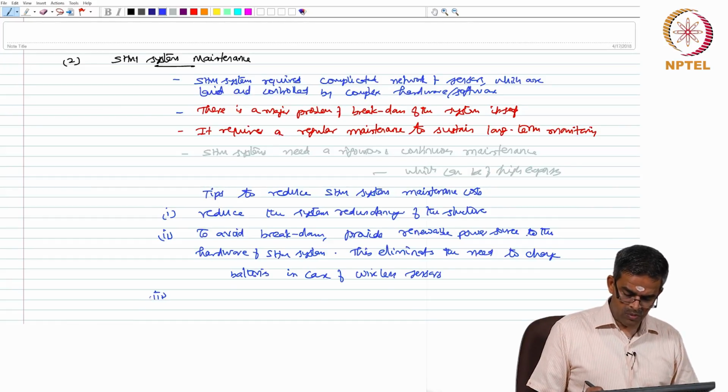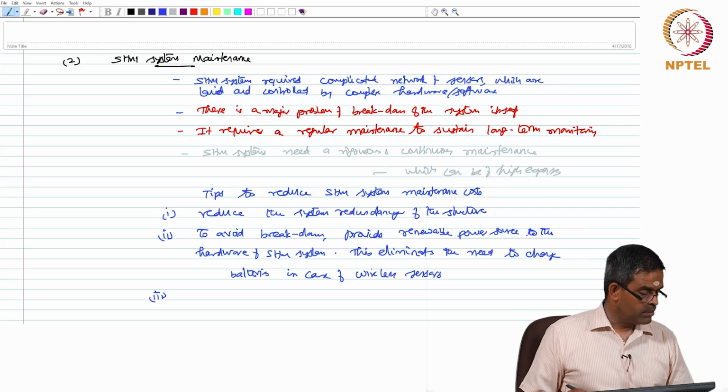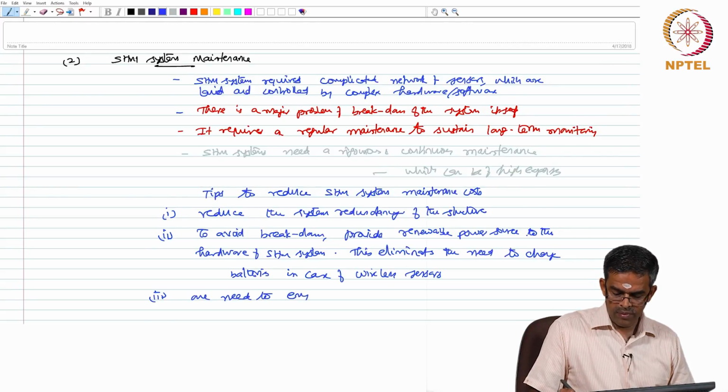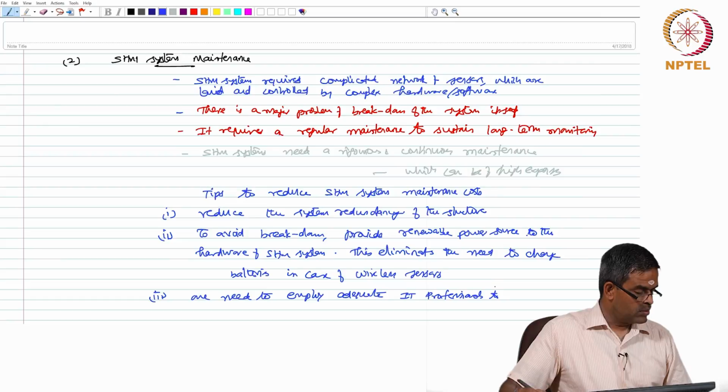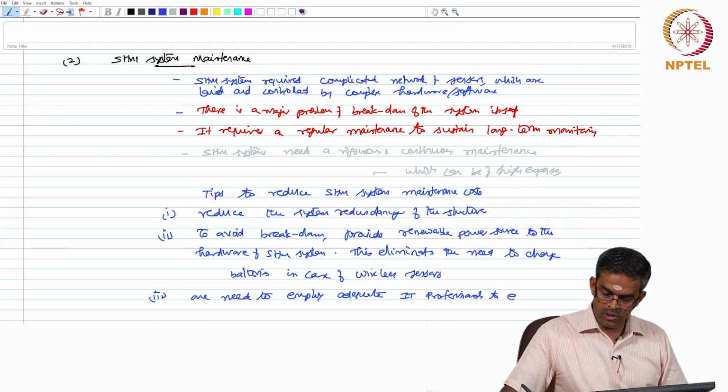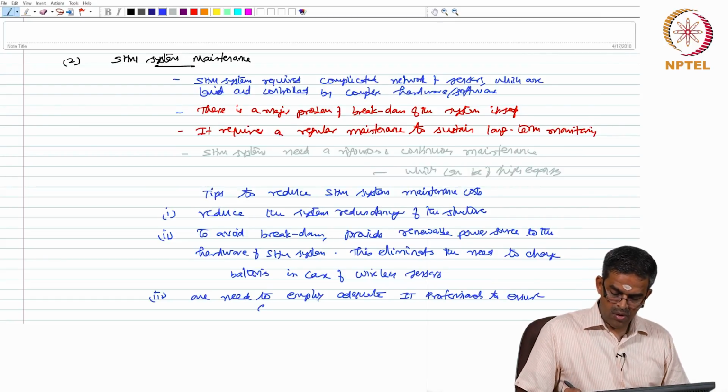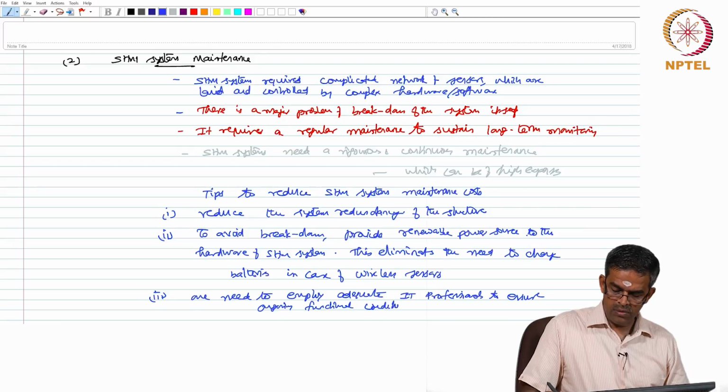The third point could be one need to employ adequate IT professionals to ensure ongoing functional condition of SHM system.